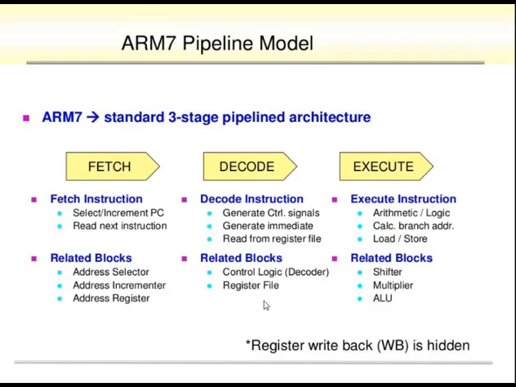Now let's see the pipeline model of the ARM7 processor. The first thing is fetch, then decode, finally execute. In the fetch stage, the PC is selected, then the next instruction is read. In the decode stage the control signals are generated, then the read operation from the register file is done.